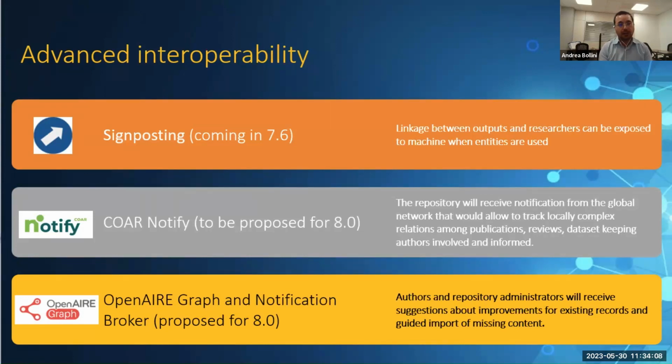So the COAR Notify protocol aims to support use cases like open peer review and distributed connection of a record among different repositories, so that your repository could contain the publication, and a repository at another institution, or maybe also in your institution but with a different platform, in a separate repository could hold the dataset.